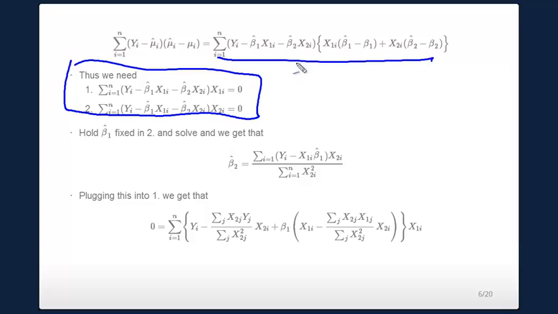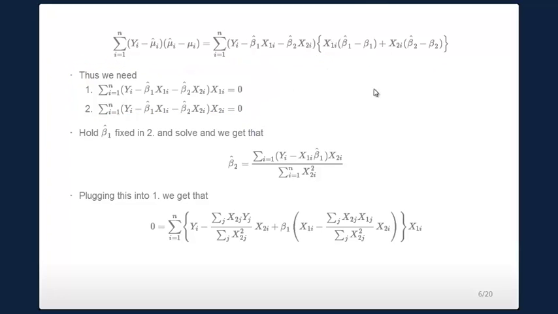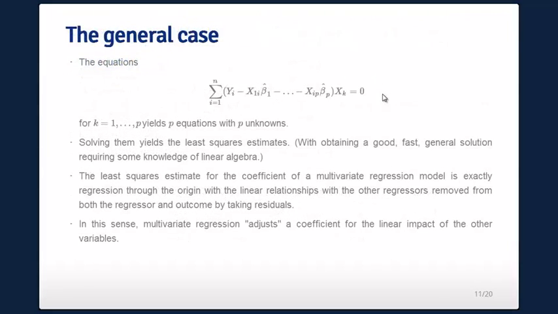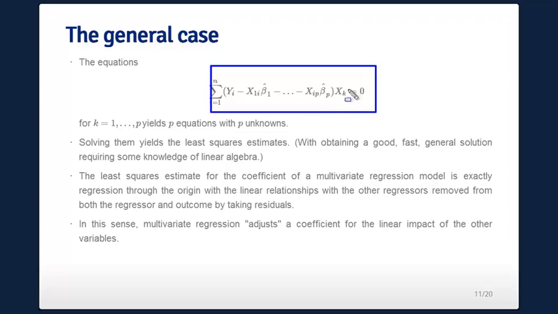I'm hoping that you will believe me that if we have more than two regressors, we wind up with just a series of equations exactly like that. And that's what I have right here: we need to find a set of equations that satisfy this root that we need.